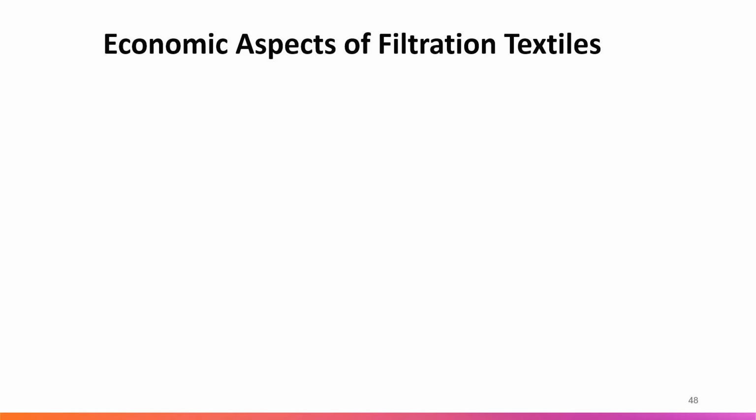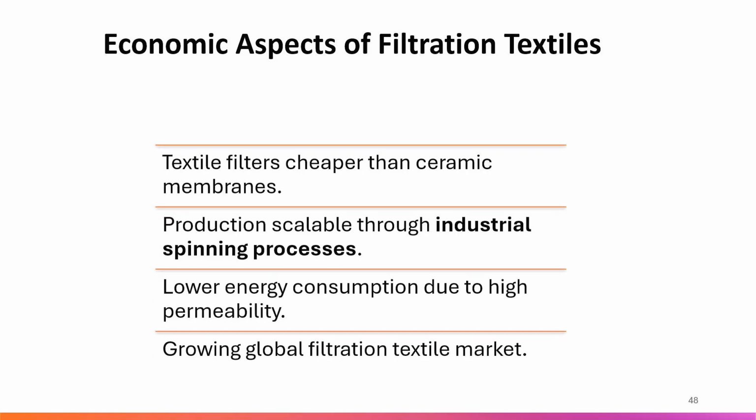Now the economic aspects. Textile filters are cheaper than ceramic membranes. So, that is why we use textile. It is relatively cheaper than other commonly used materials such as ceramic. The production is scalable through industrial spinning processes, so we can produce nanofiber membrane on an industrial scale.